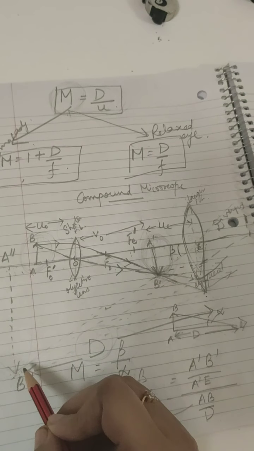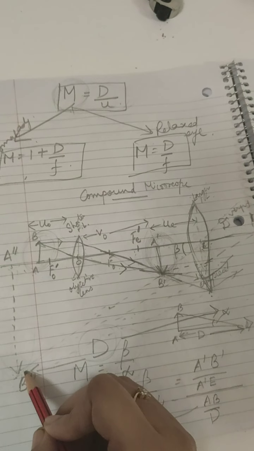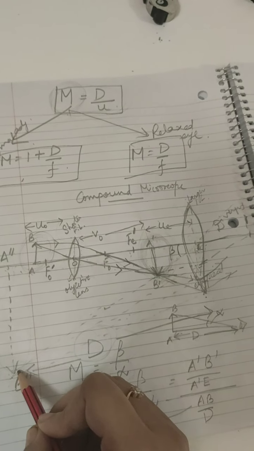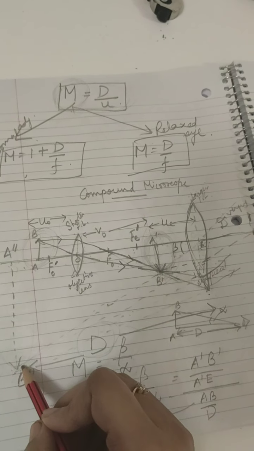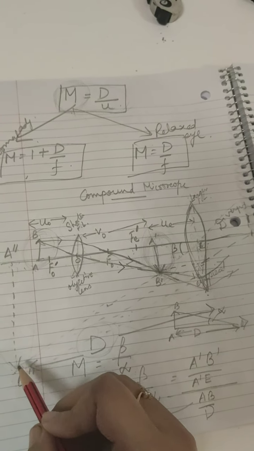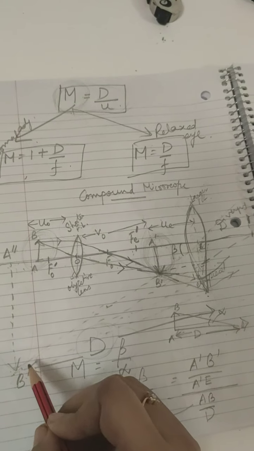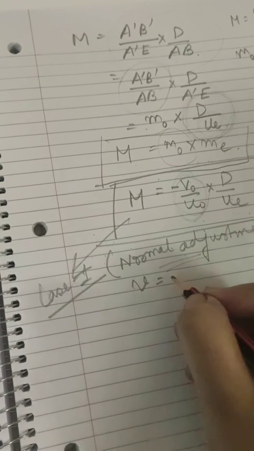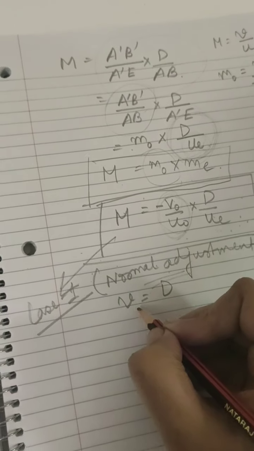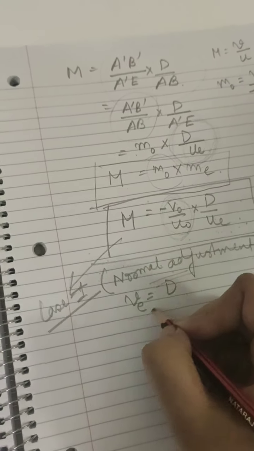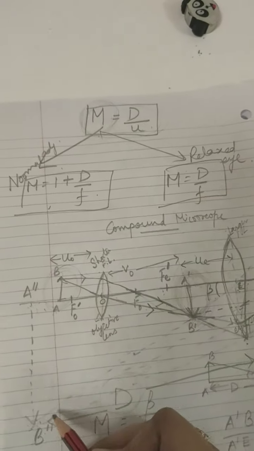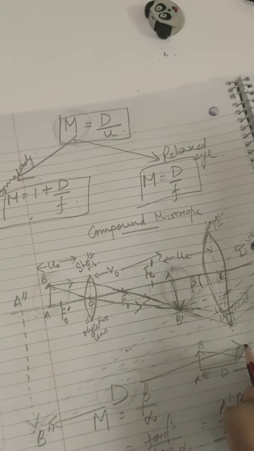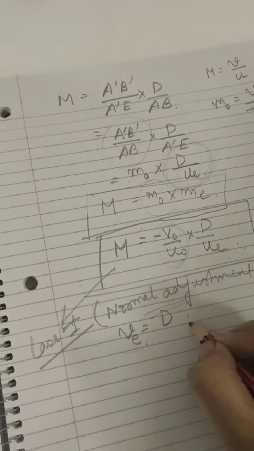Then only you will see the image most distinctly, clearly and big at the same time. So the image distance of the final image from the eyepiece is VE equal to D.